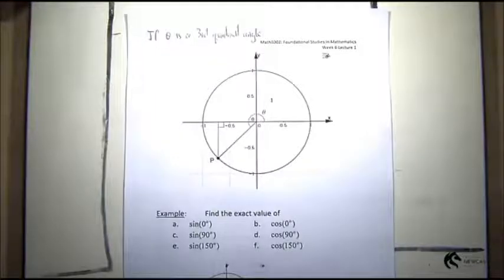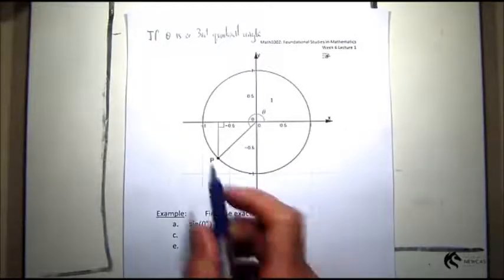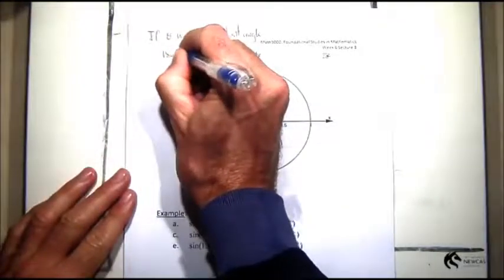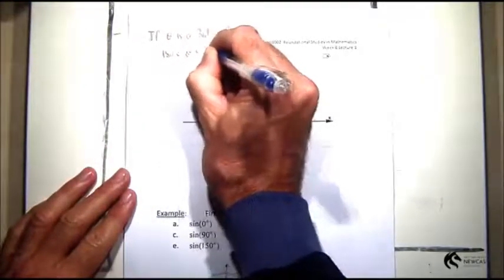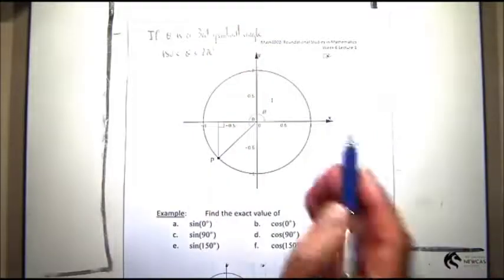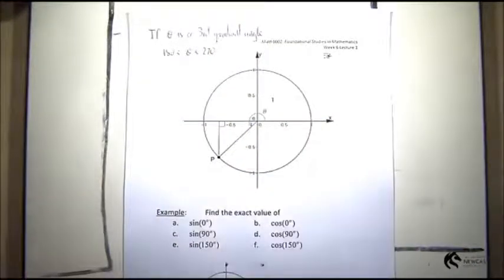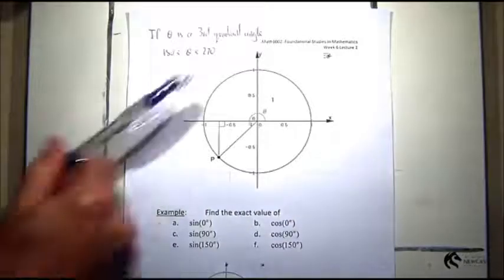In other words, theta is somewhere between 180 degrees and 270, going counterclockwise from the positive x-axis. So that puts us in here somewhere.